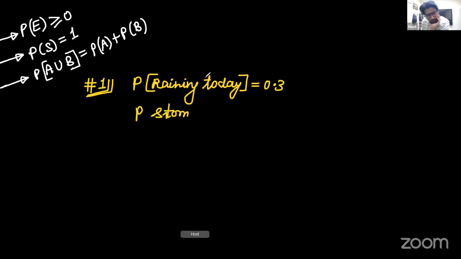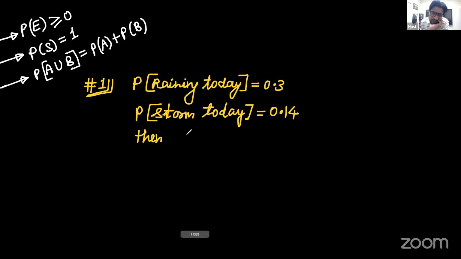And suppose the probability of having a storm today is 0.14. And suppose it is known that they can't occur together.